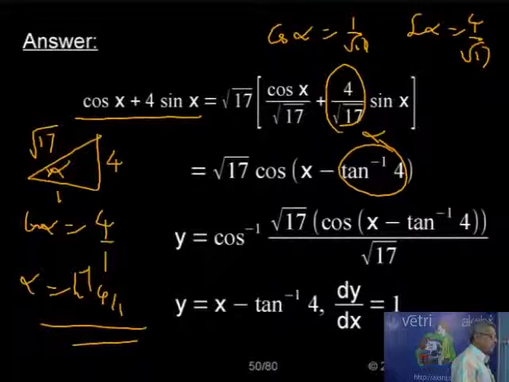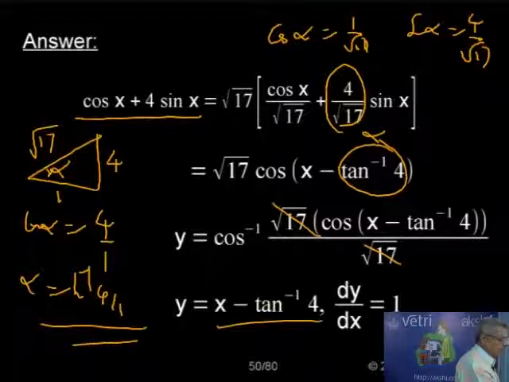So we are getting root 17 cos of x minus alpha. Y is equal to cos inverse of root 17 by root 17 cos of x minus alpha. Automatically root 17 gets cancelled, and cos inverse cos theta is theta. Applying the property, you get x minus tan inverse 4. So y is equal to x minus tan inverse 4.